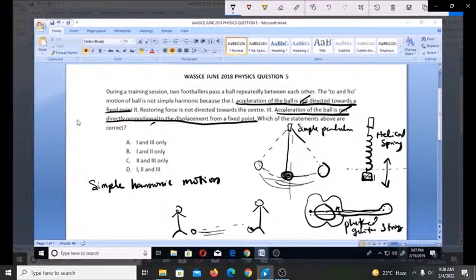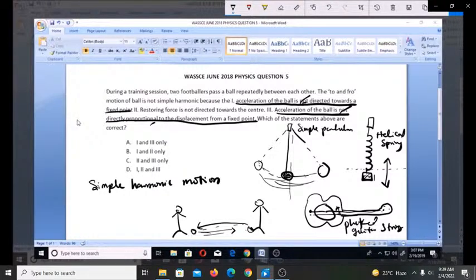So the rate at which this one is going is not necessarily the rate at which the ball is getting to this other person. So you cannot say that the acceleration of the ball is directed towards a fixed point. It's not, because it's not even a confirmed straight line movement.